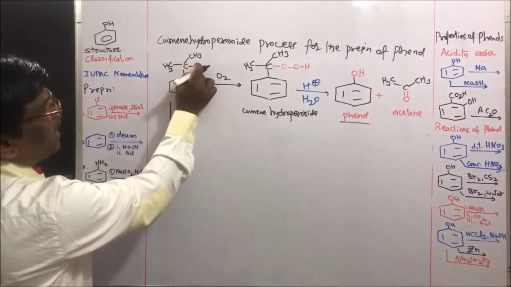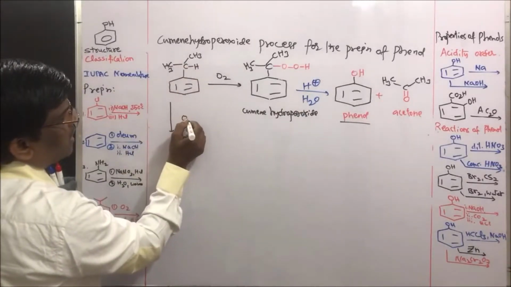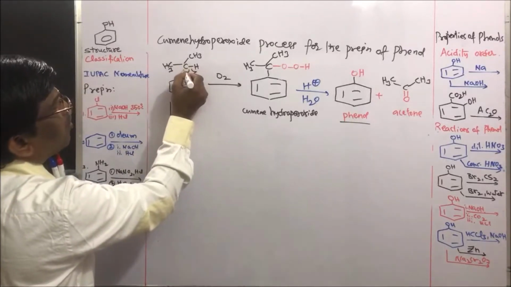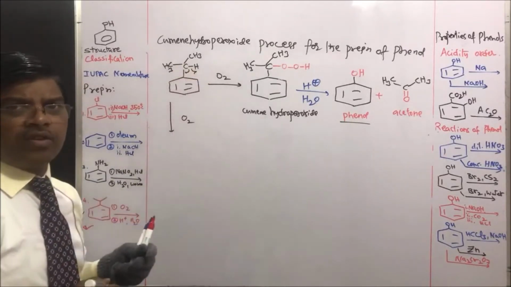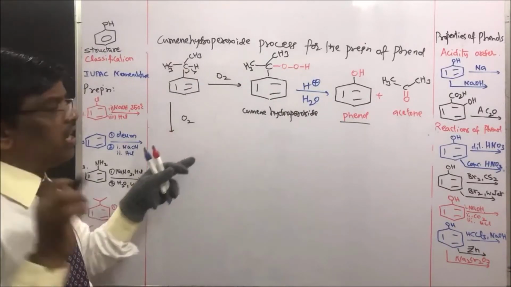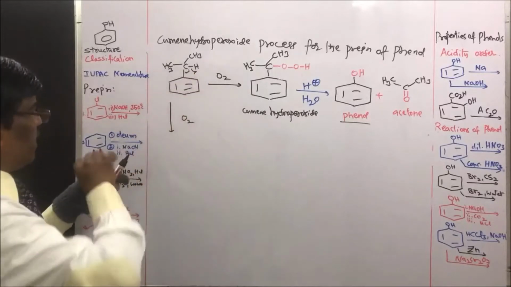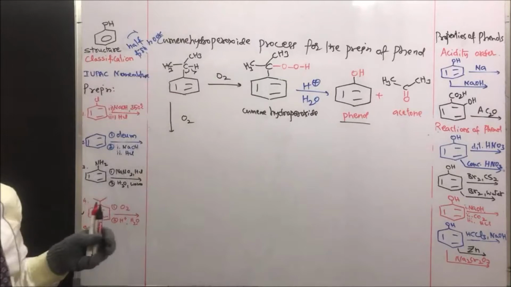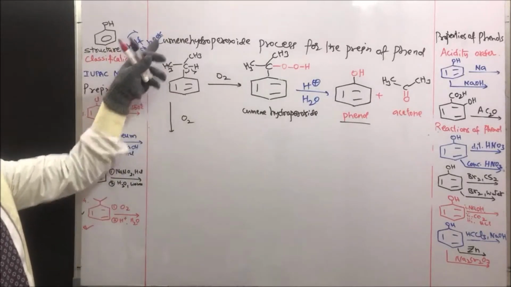So this cumene, in presence of oxygen, loses a hydrogen free radical. How to write a hydrogen free radical? The generation of free radical takes place under aerial oxidation, so that has to be written with a half fish hook arrow, right?